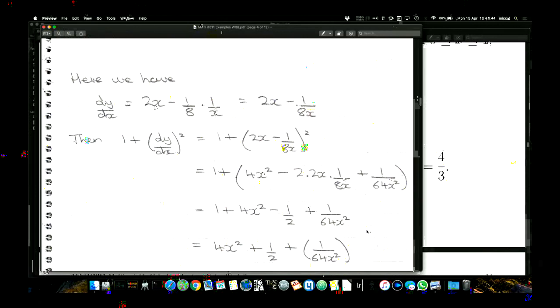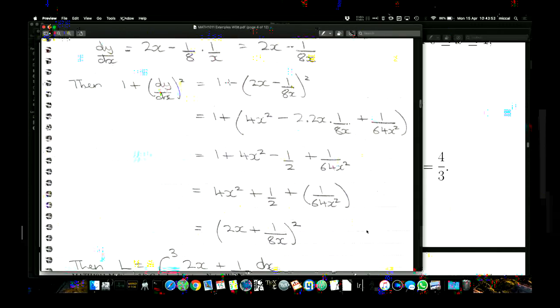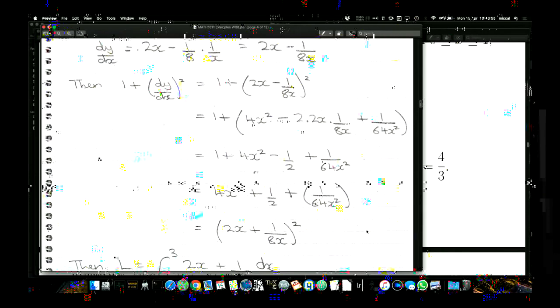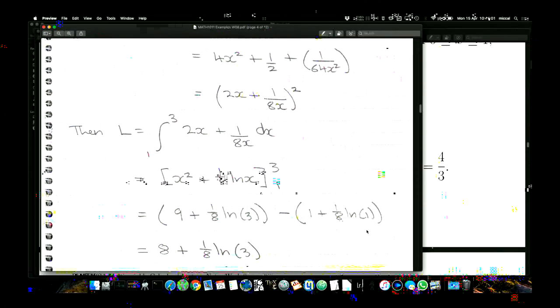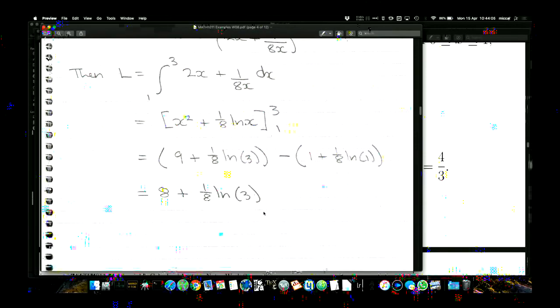But again, what you look for here is this a plus b all squared. And hopefully, if you stare at it long enough, it is. Remember, I'm not going to give you ones that you haven't seen before. So then I can do it. Then you just have to integrate the square root of this. Again, if this answer came out negative, all that means is you took the wrong square root. So very much just plugging things in.